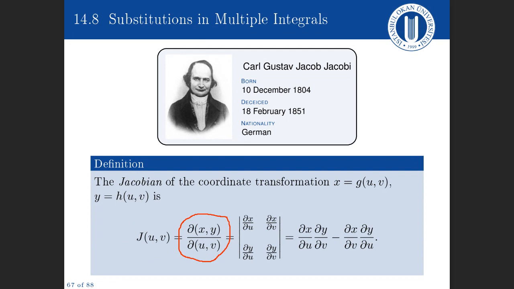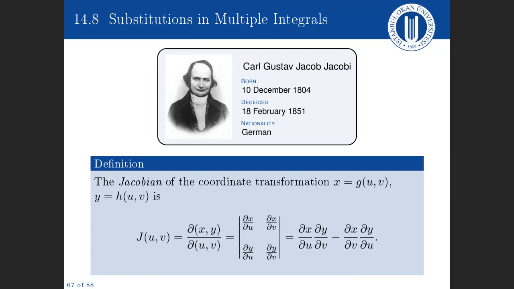This is equal to the determinant of a 2 by 2 matrix. The determinant of the partial derivative dx du, then the partial derivative dx dv, partial derivative dy du, partial derivative dy dv. If you don't know determinants yet, and we don't teach it until Mathematics 3 in this university, just remember that this is the same as dx du, dy dv, minus dx dv, dy du.